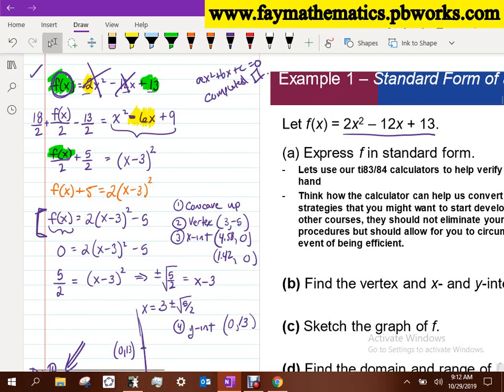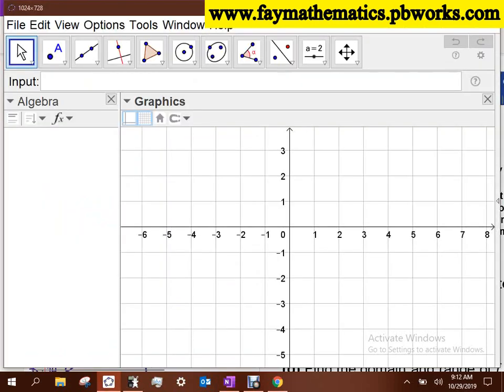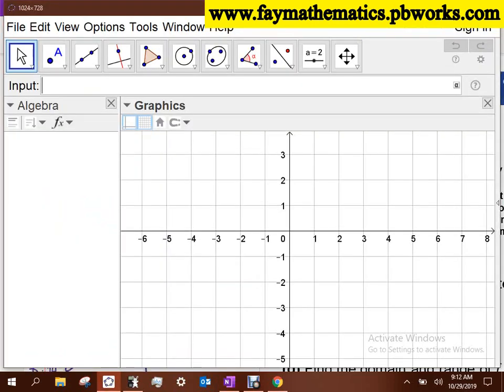So that being said, GeoGebra has that built into it. Let me show you what I mean by that. It doesn't always; it depends on the function and the way you type it in. But there are situations where it will definitely do most of the work for you. So let's see if I type in, let's just go 3.